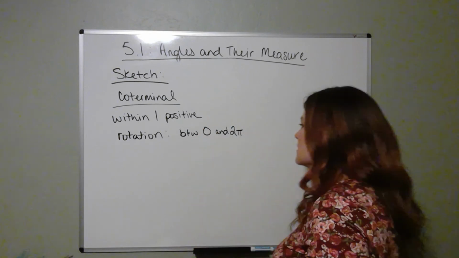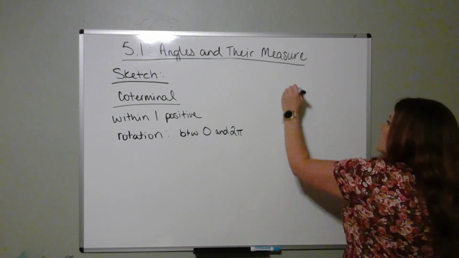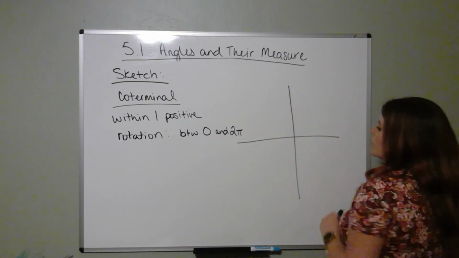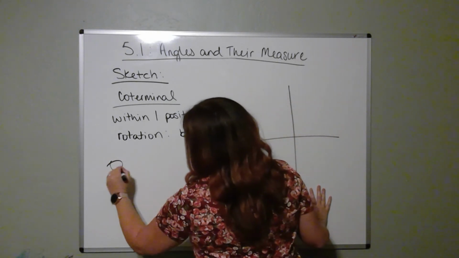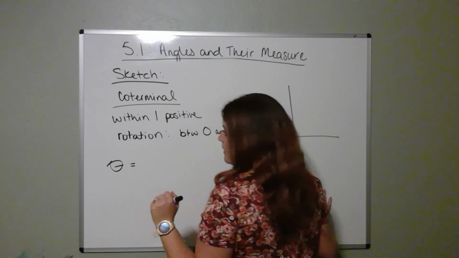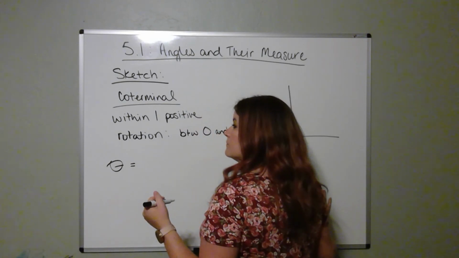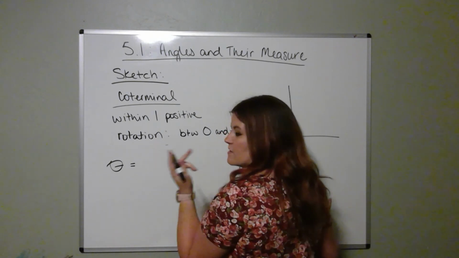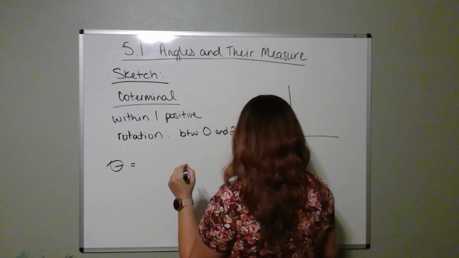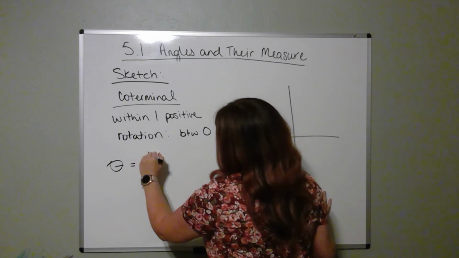So I need to be between 0 and 2 pi. So let's draw one rotation here. This is 0 to 2 pi. Let's do theta equals, let me think for a minute, 5 pi over, no, that's actually between one rotation. 10 pi over 4.